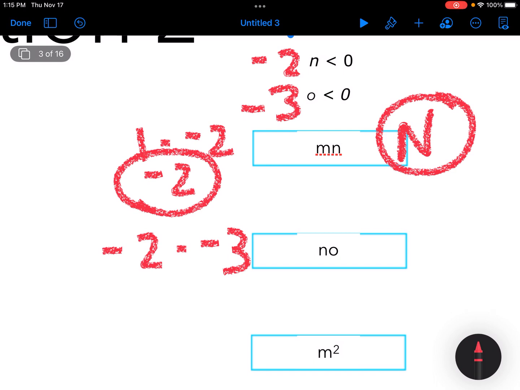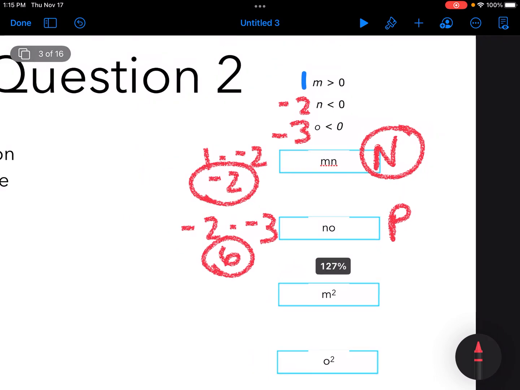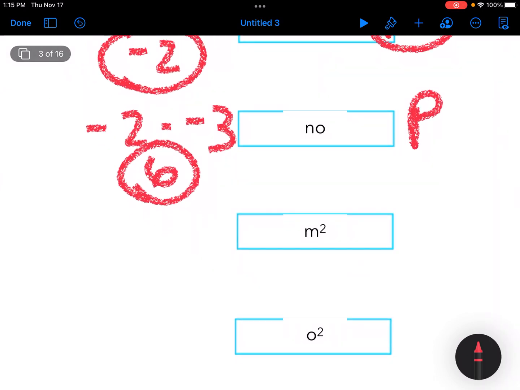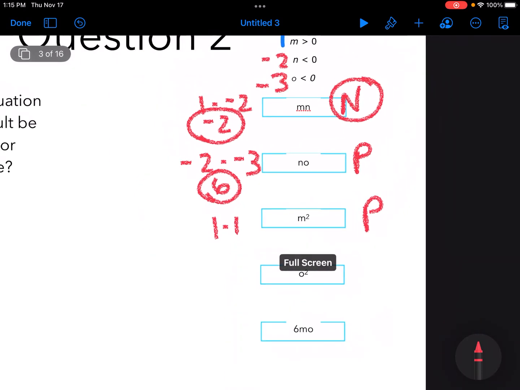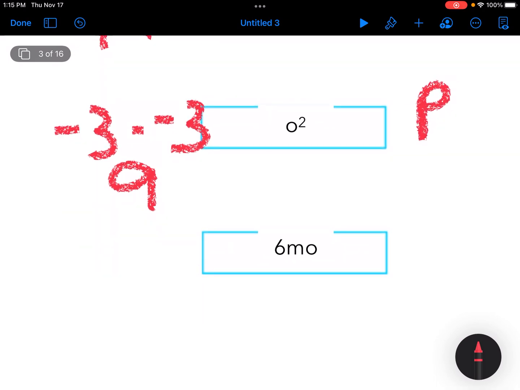So that would be +6. So that would be a positive result. M squared, so that would be 1 times 1, which would be a positive result. O squared, so that would be -3 times -3. Well, that would be 9, which would be a positive result.